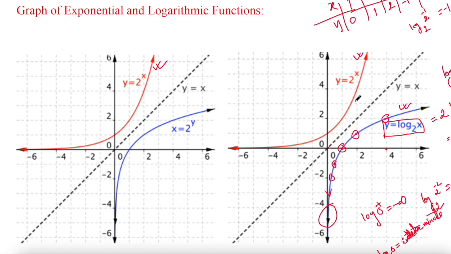So if you put a mirror on this line, y equal to x, then from this side, if you look into the mirror, you will see the exponential graph, and from this side you will see the logarithmic graph. It means the graphs of exponential function and logarithmic function are symmetric to the line y equal to x.